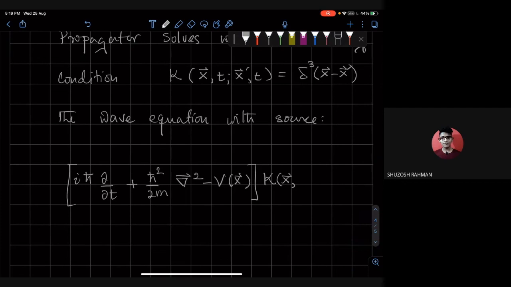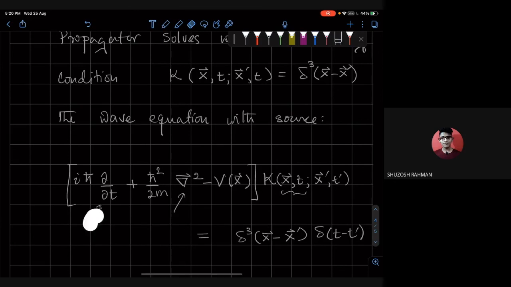And these derivative terms are acting on the first arguments. Okay. So this is going to be equal to delta cubed (x minus x prime) and delta (t minus t prime). Okay. So this is an important property of all propagators.